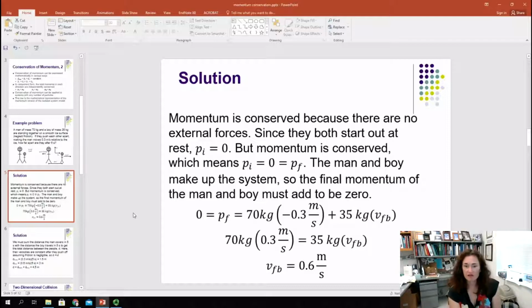So now I can solve for v final of the boy just by rearranging that equation and solving algebraically. So 70 kilograms times 0.3 meters per second moves to the left-hand side of the equation. On the right-hand side, I have 35 kilograms times v final boy. Solving for v final boy by dividing both sides by 35 kilograms, I end up with v final of the boy is 0.6 meters per second.